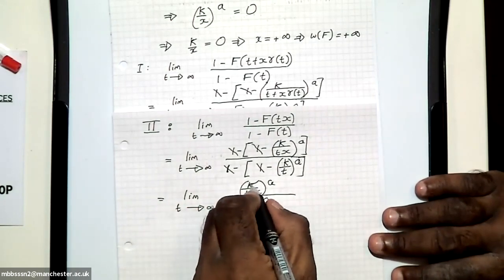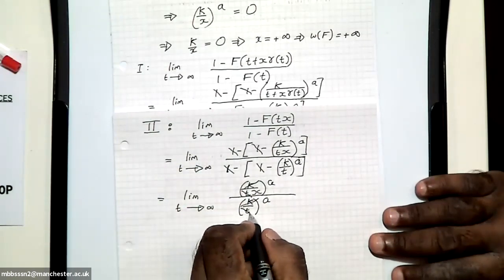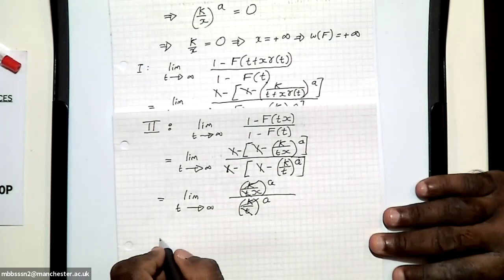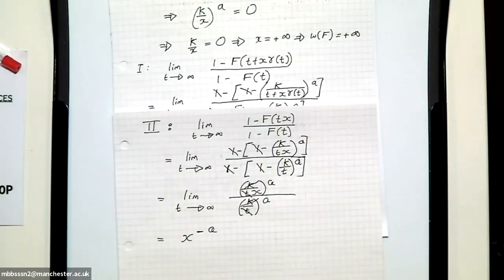Now the k and the k cancel, the t and the t cancel. So this is equal to x to the power minus a. And hence condition 2 is satisfied.